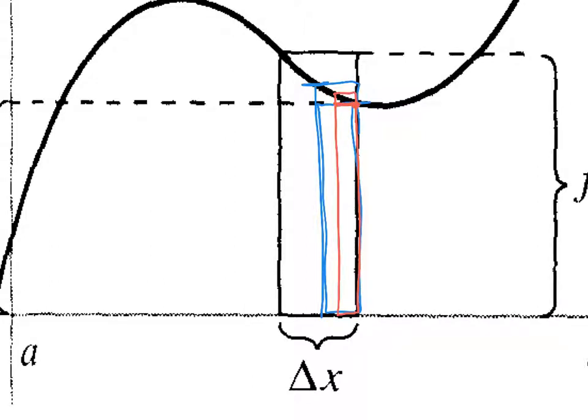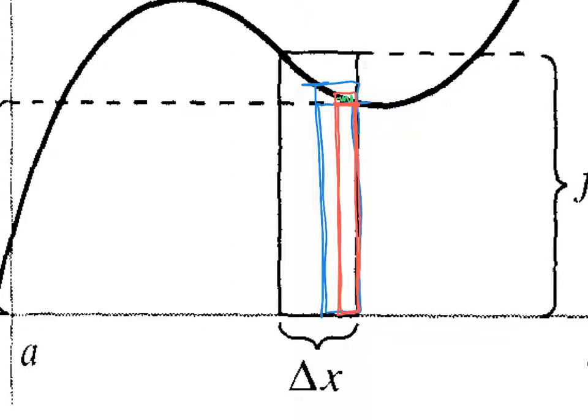Here's the rectangle I would use for the lower sum. Notice the difference there is much, much smaller. Okay? So the more intervals I get, in other words, the smaller that delta x becomes, what's going to happen to my upper sums and my lower sums? They're going to approach each other.